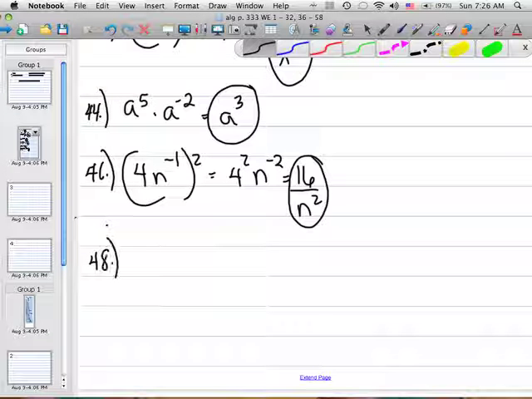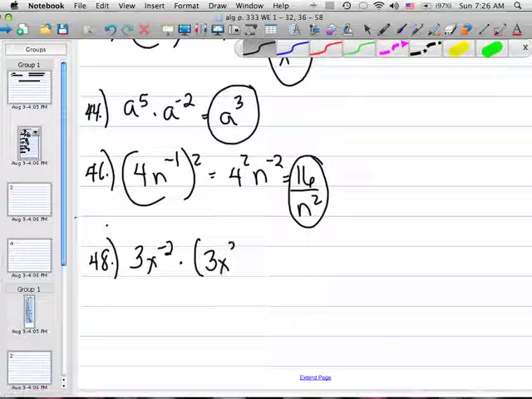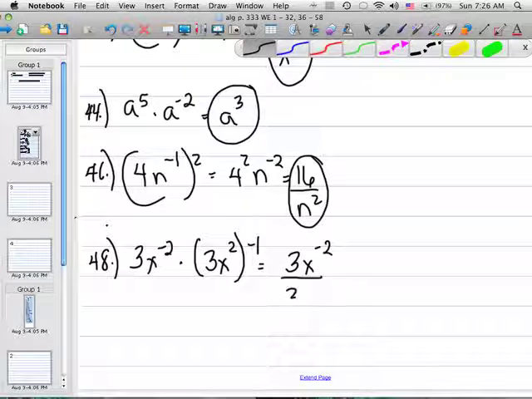48, we have 3x to the negative 2 times, in parentheses, 3x squared to the negative 1. So there's a couple ways we can do this. I think I'm just going to flip this, so this would be 3x to the negative 2 over 3x squared. I'm just going to move this down right now.